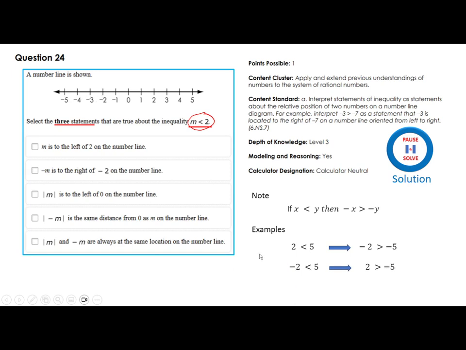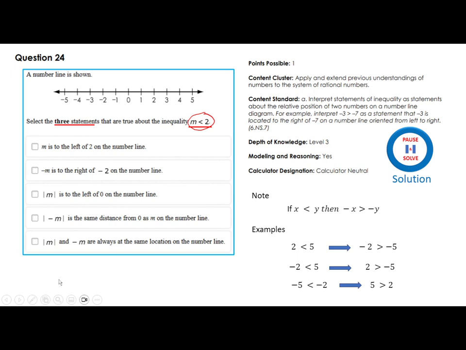Another example, negative 2 is less than 5, to the left of 5. When you change the two signs, 2 is greater than negative 5. Negative 5 less than negative 2. When you change the signs, 5 is greater than 2.